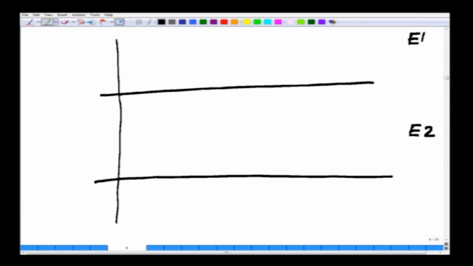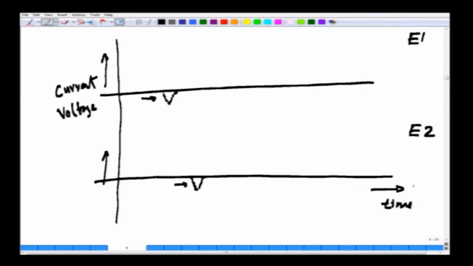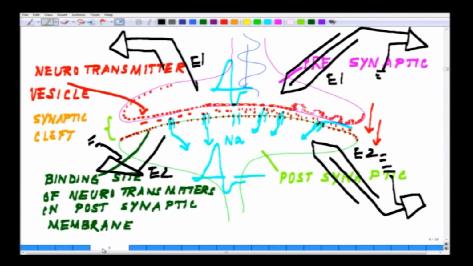If there is an impulse in this electrode, you will see something like this, a deviation out here. You could either measure the current or the voltage, depending on what you want to measure. Followed by this impulse, with a slight delay, you will see another impulse out here, if this is time. Why is there a delay? Because look at the circuit. The impulse comes here at time t1, and this impulse travels through.